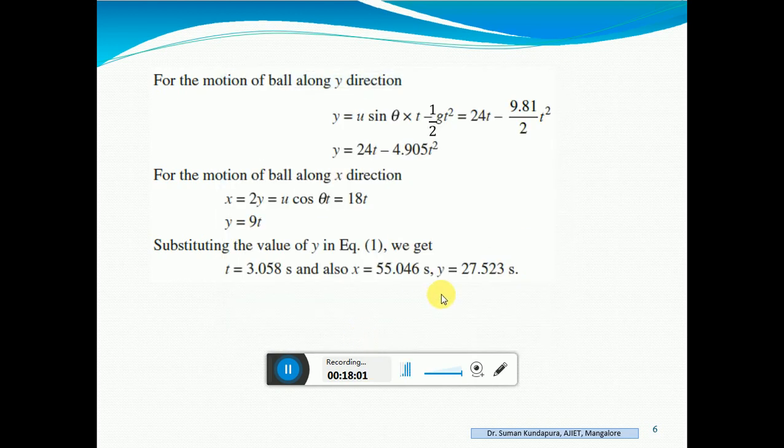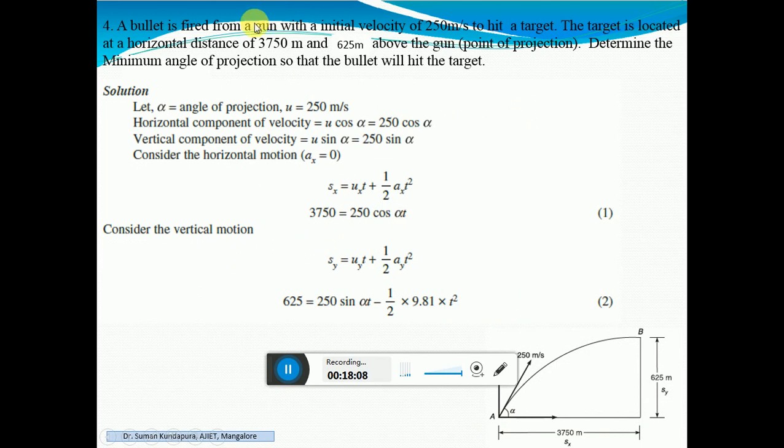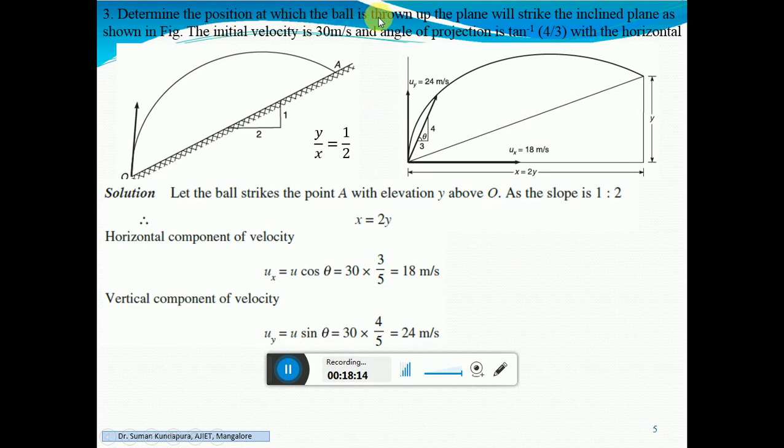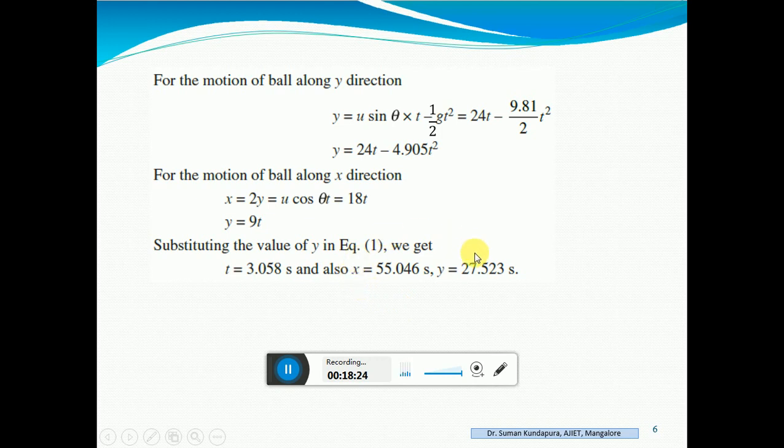So we got what is asked here, the position at which the ball is thrown up the plane and will strike the inclined plane at this point. So position of point A we found out, that is x and y distances.